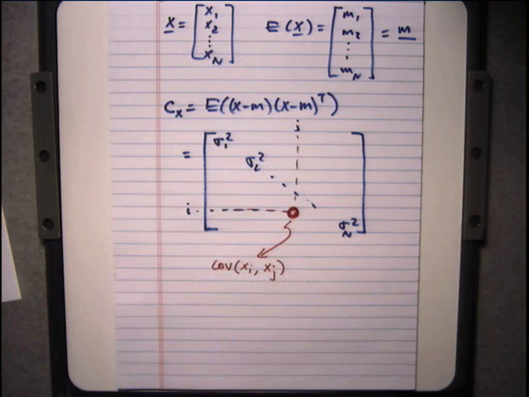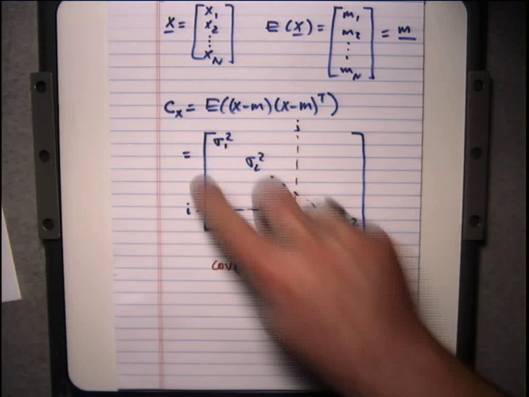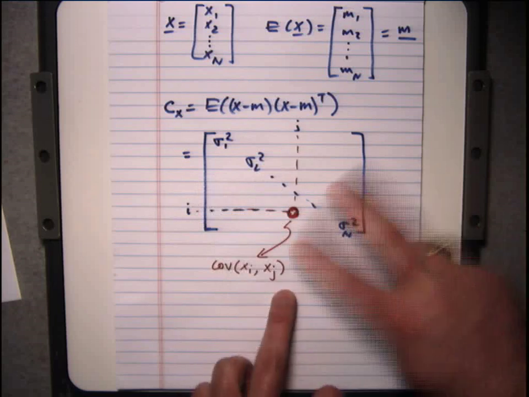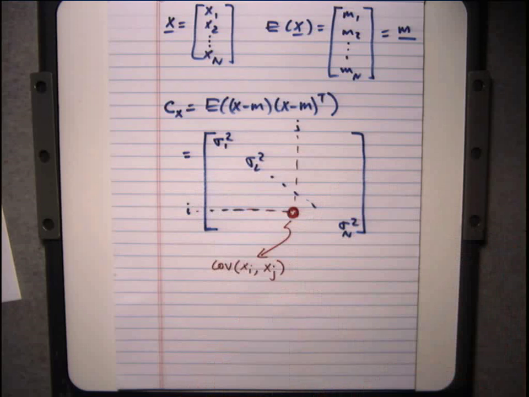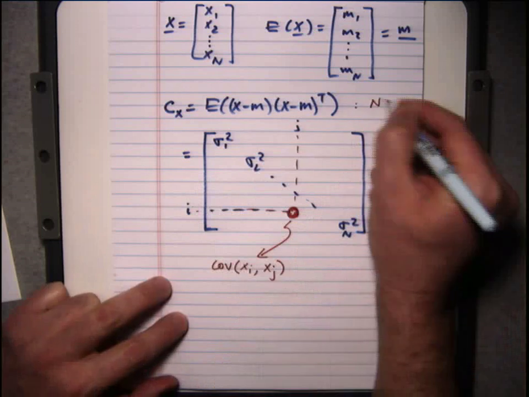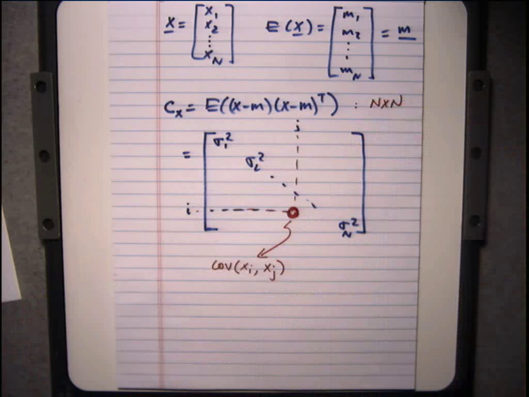Okay? And correspondingly, if you go to the ji position, that would be the covariance of xj and xi, which would have to be exactly the same. And so this whole matrix is an n by n symmetric matrix in the general case.